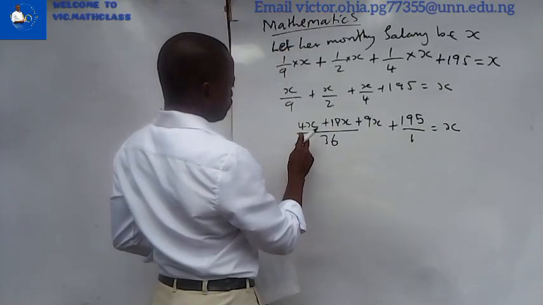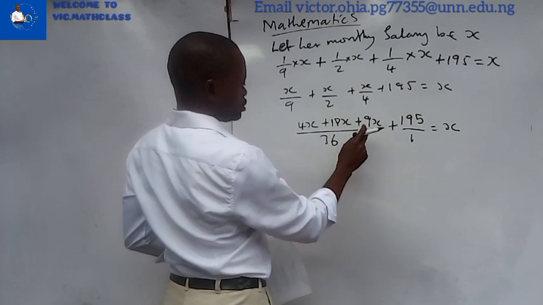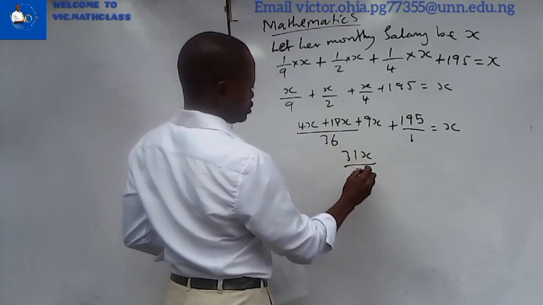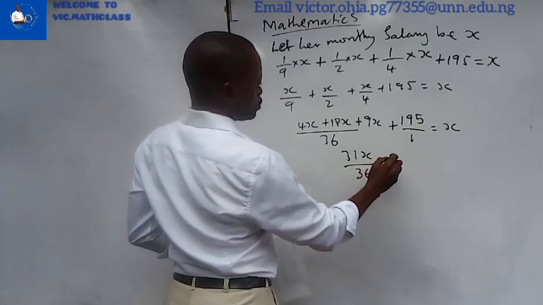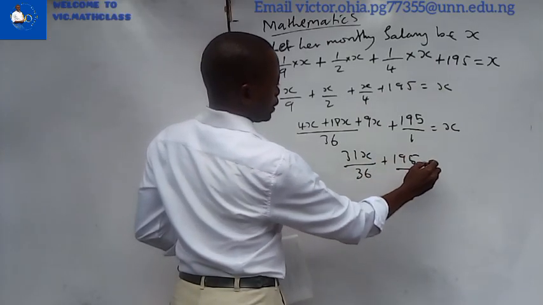So 4 plus 18 is 22, 22 plus 9 gives me 31x over 36, plus 195 over 1 equals x.